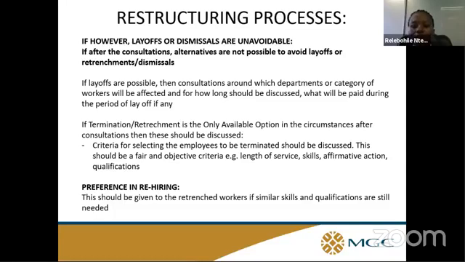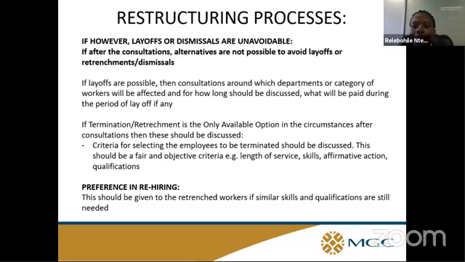So if we go to the first part, the criteria for selecting the workers, we understand that we are taking the resolution to retrench a certain number of the workforce. Then the issue would be, how are we going to effect this?